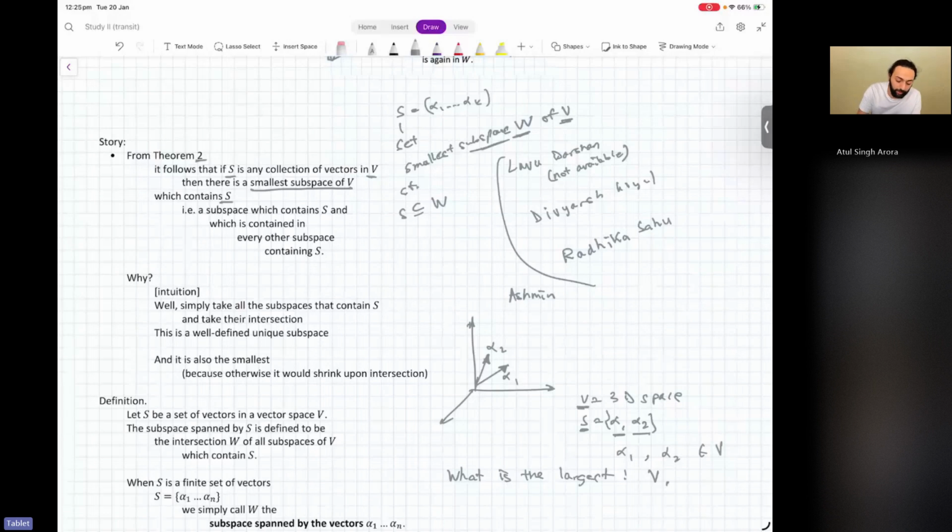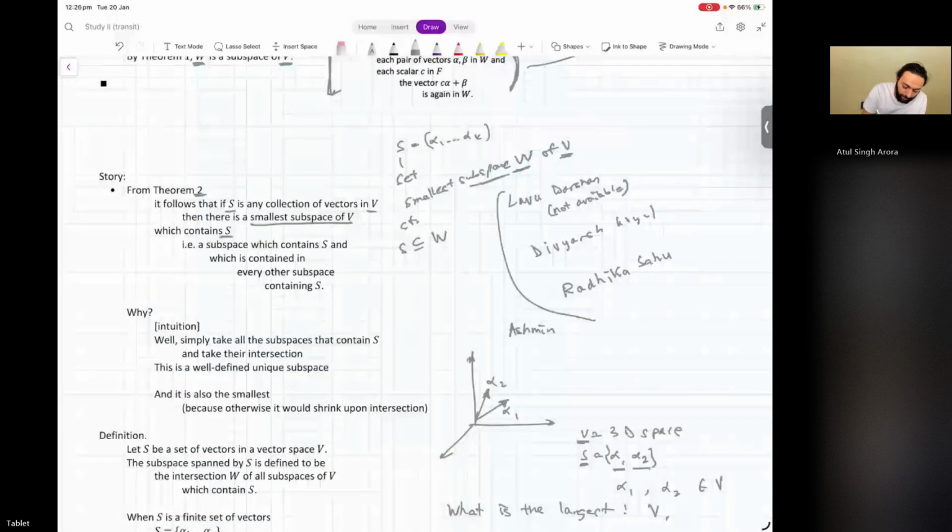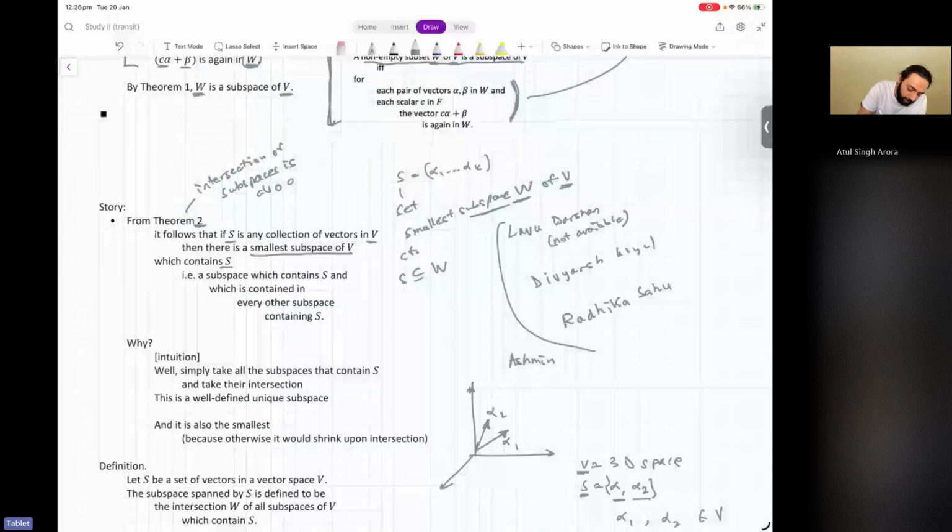From theorem 2, we have some handle on how one might think of the smallest, because theorem 2 is saying that the intersection of subspaces is also a subspace. That's what we just proved, right?